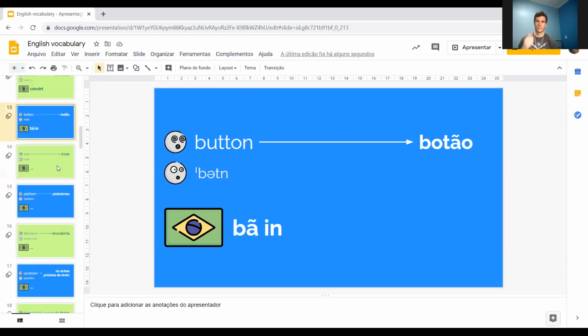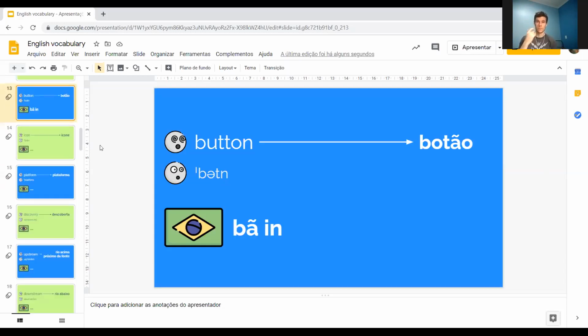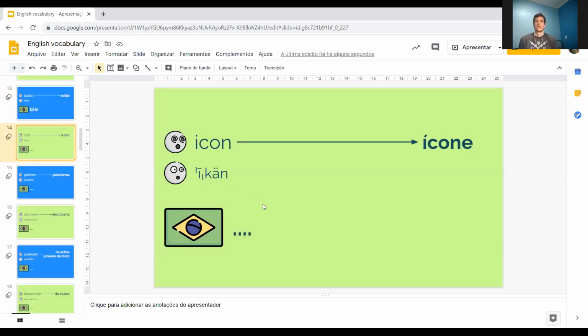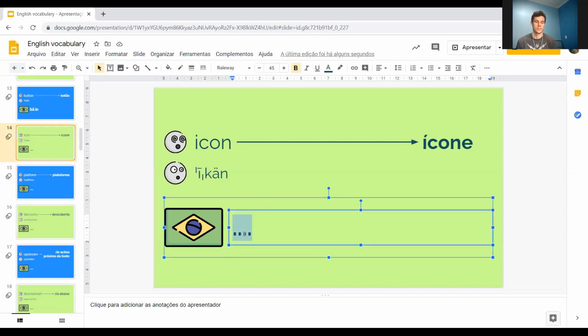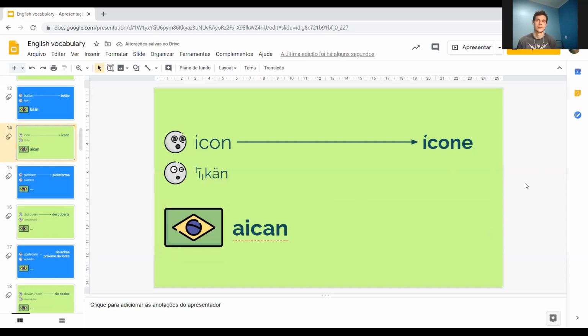Next one, I would say icon. Say it one more time. Icon. The O is a ah. You're not quite saying the O right. It's a ah.